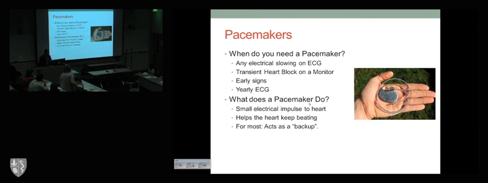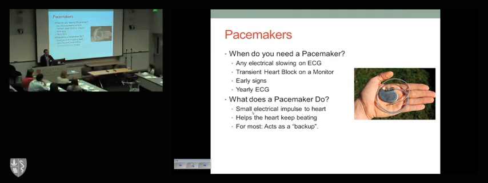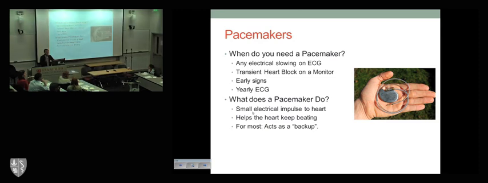So what does a pacemaker do? And I did see that a few people in the audience do have pacemakers and/or defibrillators. The pacemaker is really designed, when your heart slows down too much, to give you a small electrical pulse. So it'll give you a small electrical impulse inside your heart to help your heart start beating again.